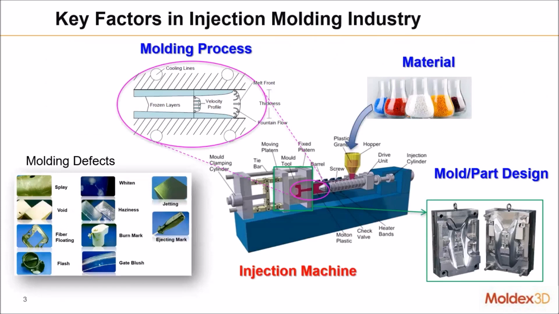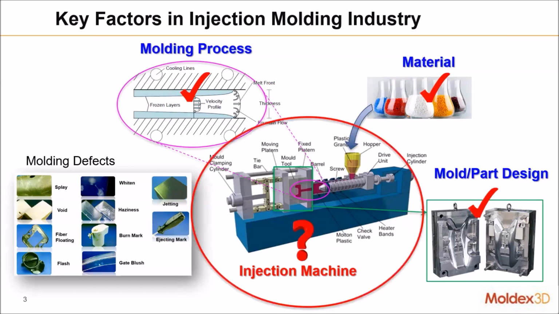Our target normally is to try to find molding defects. Currently, in CAE software for injection molding, we can already consider the molding process, and we can also consider the materials and the mold and part design.